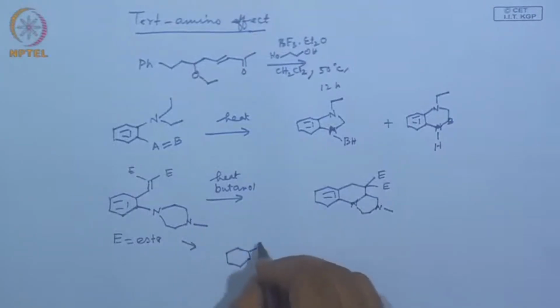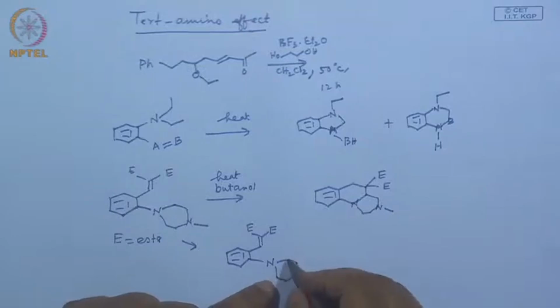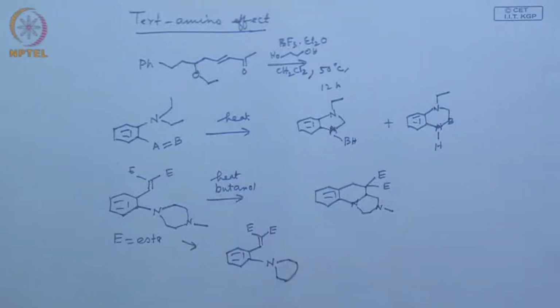Let us say this is E, meaning electron withdrawing group, the double bond and nitrogen here, and what I said is a tertiary amine. That means these two should be alkylated, and the tertiary amine should be such that there should be an alpha hydrogen. That is the important thing.